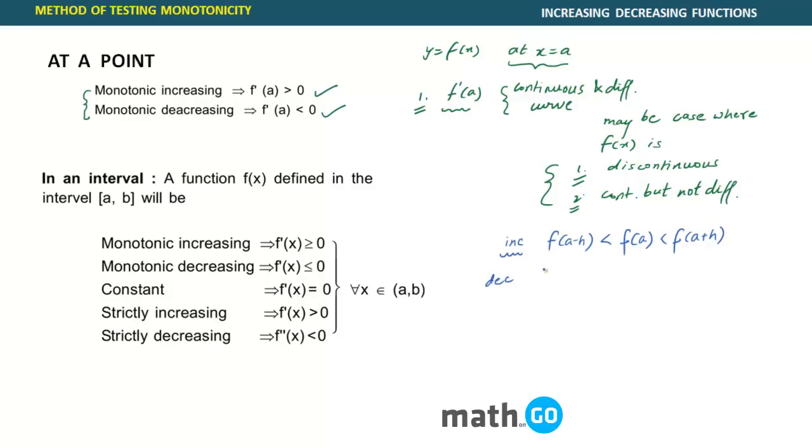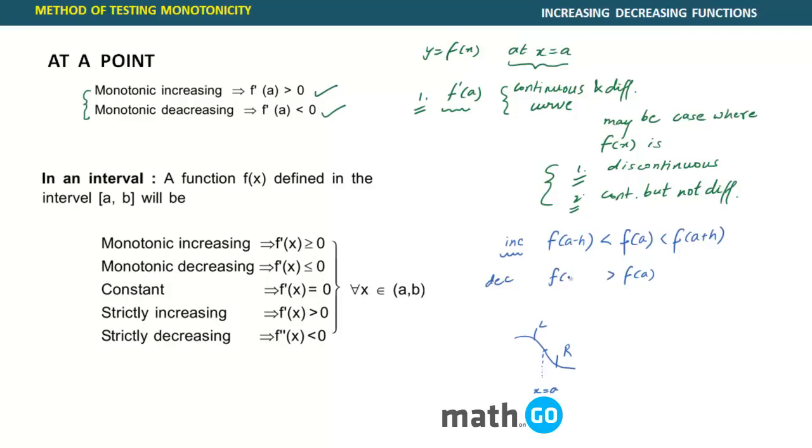For decreasing, if you want to check, what would the condition be? Let us just draw a diagram. So this is a decreasing curve. If we check, this is x equal to a, so somewhere this is the left side, and this is the right side. Which value is greater? Yes, this time around the left side is greater.